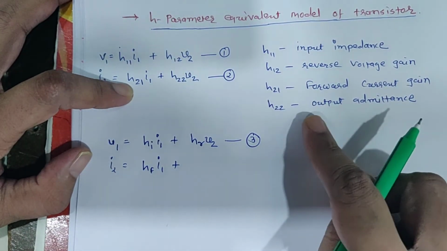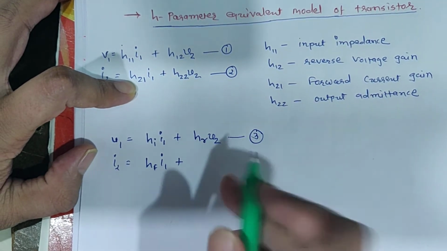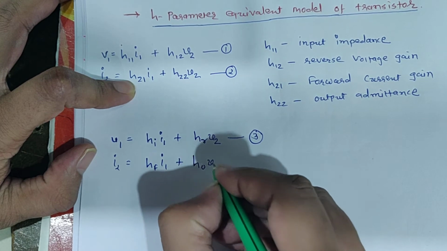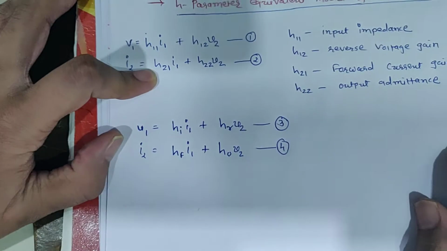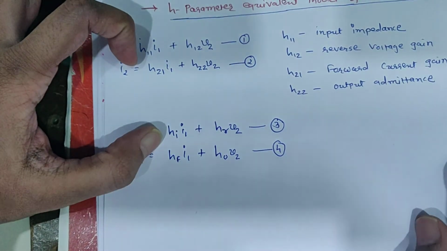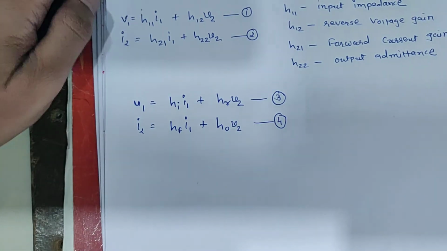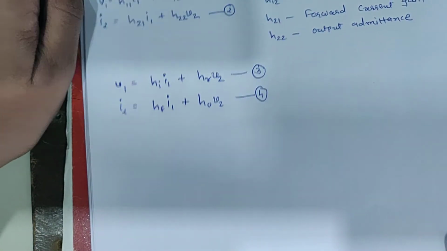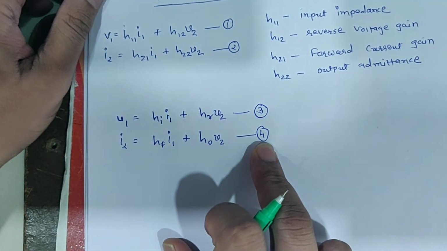H22 is the output admittance, so instead of H22 we will write HO, times V2. This is the new naming of all four H parameters. Now we proceed towards drawing the transistor equivalent model from equation number 3 and equation number 4.